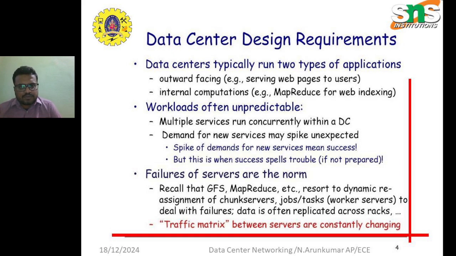It is purely based on the number of times the data has been forwarded from the user side, so that it can be reflected on the receiver side without any modification of the data. Initially, the servers are assigned based on dynamic reassignment of chunk servers, jobs, or tasks which are to be assigned to the servers, or failures from the data.